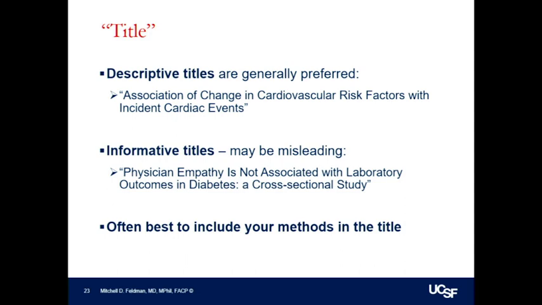This one's informative because it's telling you what they found in the title. And you might think that's good, but in fact, if you read the paper, you might say, I'm not so sure that you really proved your point here. You don't want the title potentially to be misleading. So here it says, is not associated with.